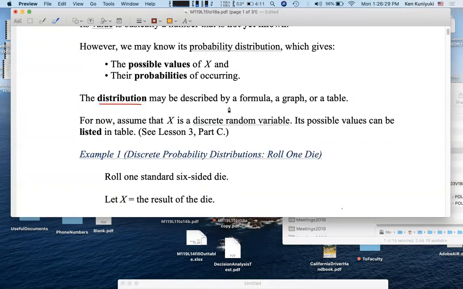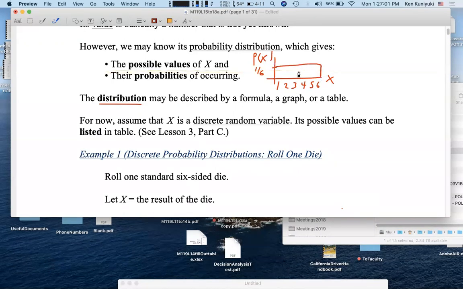So the distribution may be described by a formula, a graph. So we might use bars in this case, like a probability histogram. So we have here the numbers 1 through 6. And each bar would have height 1/6. Each width would be 1 unit. A probability histogram.